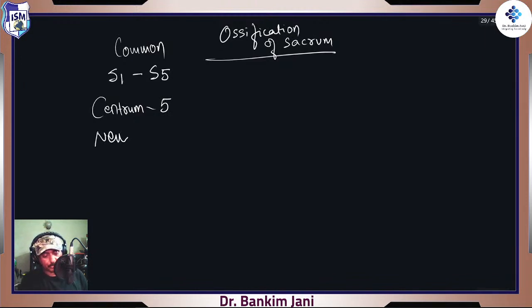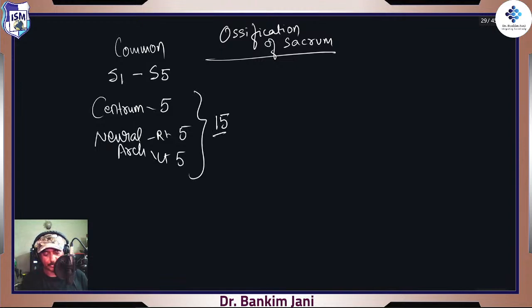Then we know about the neural arch. Yes, because the same was the pattern above, and there is right and there is left. So there are 5 on the right side, 5 on the left side, and this gives a total of 15 primary ossification centers of the sacrum. What's the big deal, so simple. But let's add something to it. For S1 to S3 only, the lateral mass, their sides, are in the form of costal bars, like those false ribs.